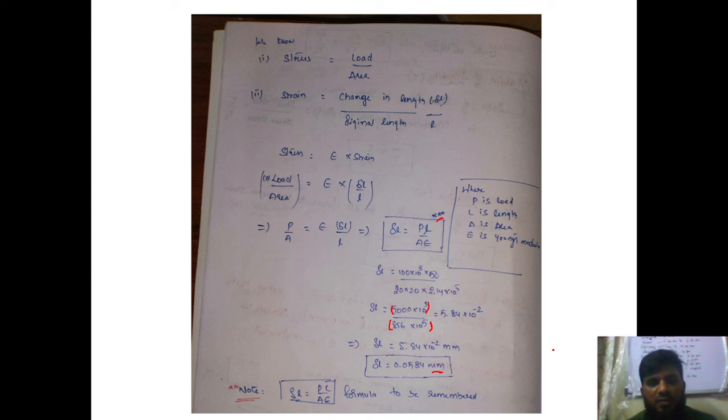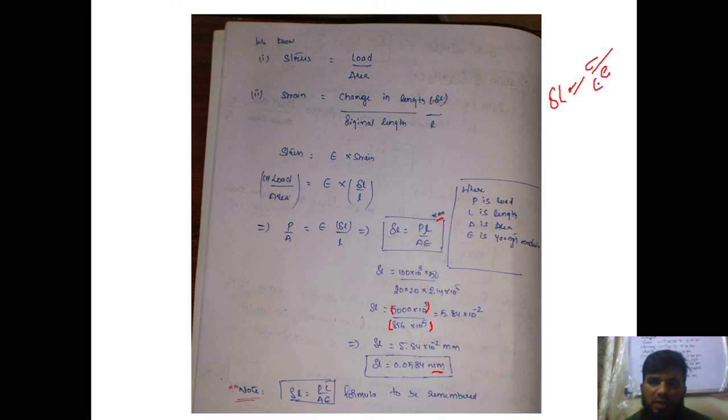If instead they have given stresses, you can use this formula also. Delta L is equal to sigma by E. If they have given this directly, you can directly use this formula.